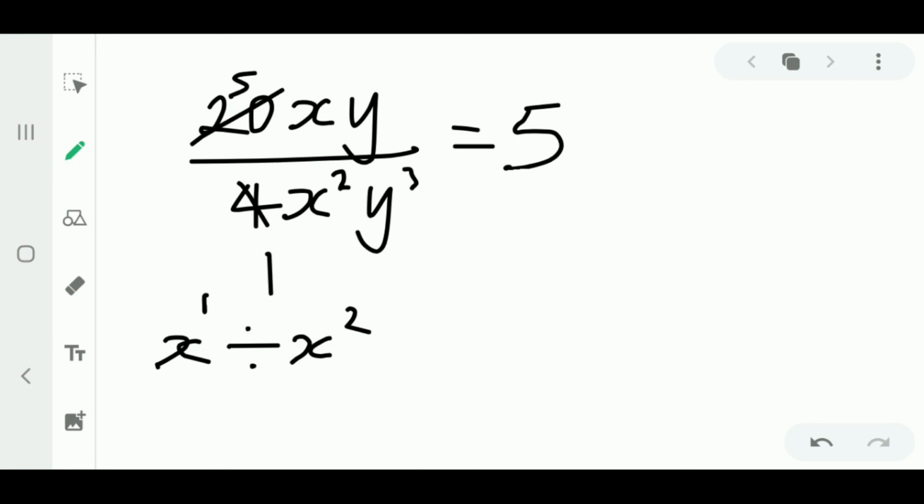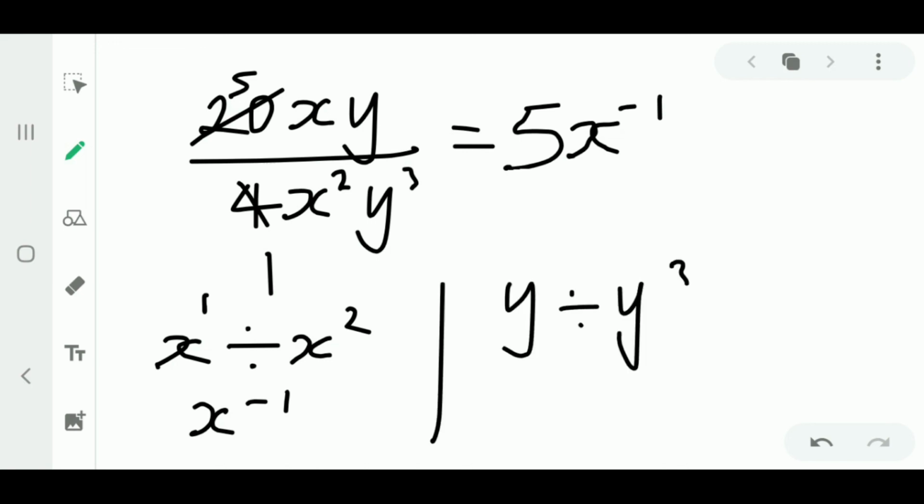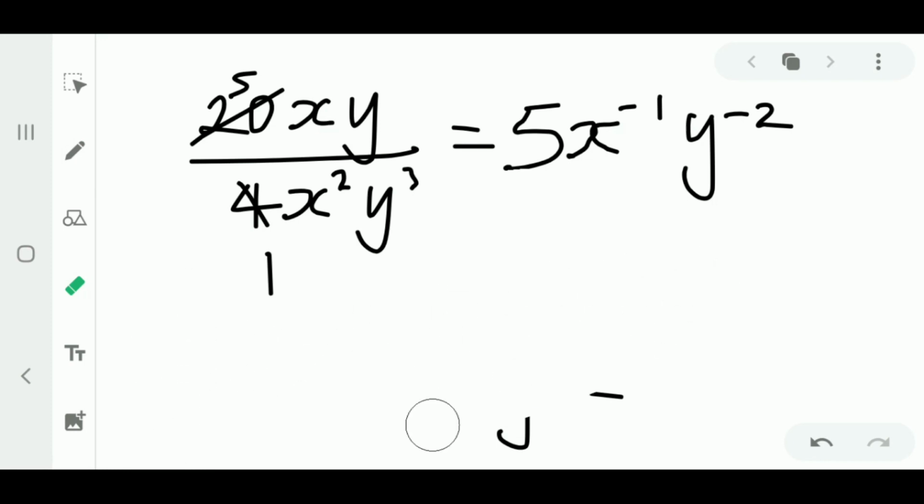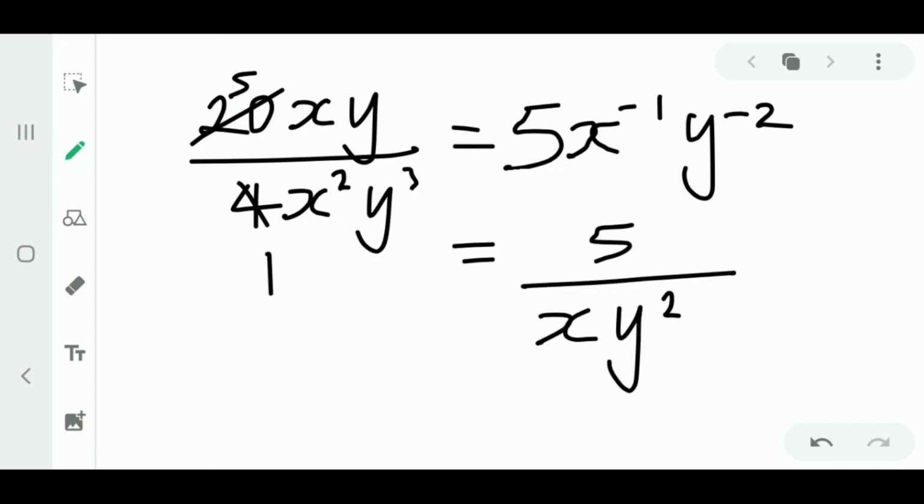So we subtract the powers, we're going to realize that it is x to the minus 1. And we have y's, so it is y divided by y cubed. Subtract the powers, it will be y to the minus 2. We could have rewritten this in the same form that they gave us and say 5 over xy squared.